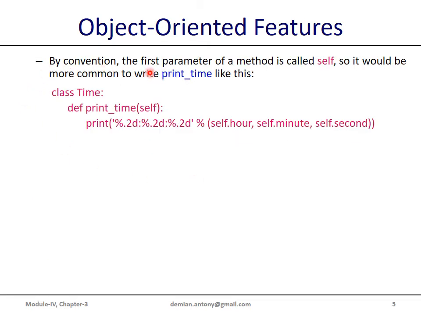So by convention, as I said, the first parameter of a method is also called self. Self refers to the object on which the method is invoked. Always we have to specify this parameter self to represent the subject. So let us rewrite this function print time. Define print time self, and the body remains the same.